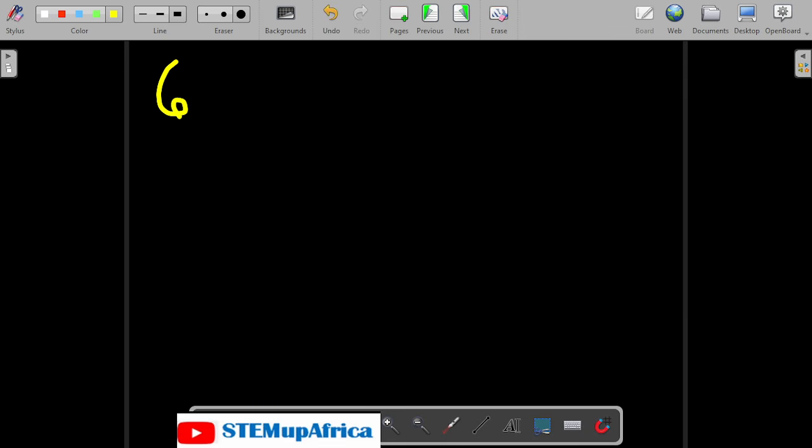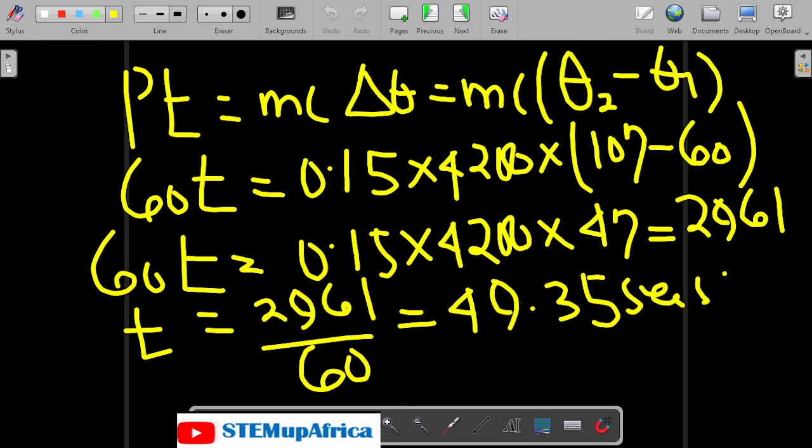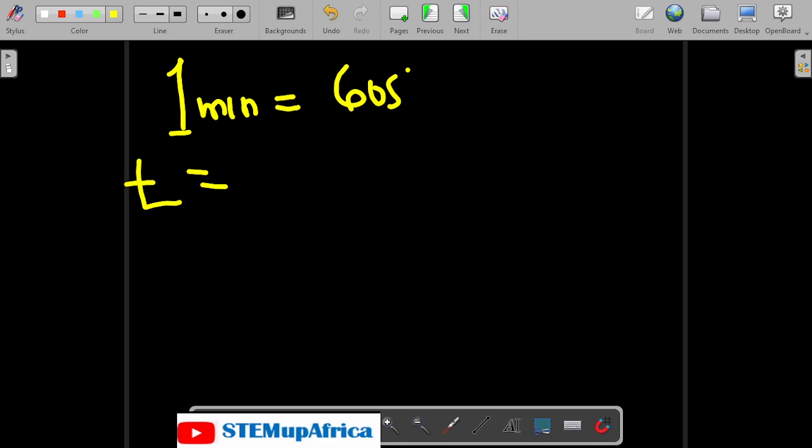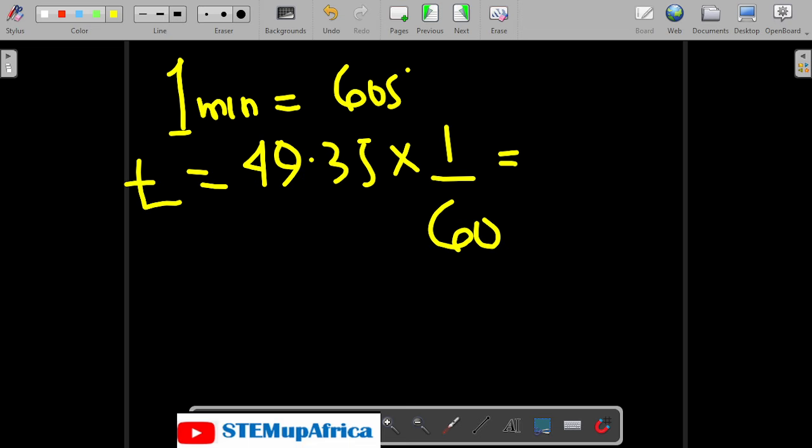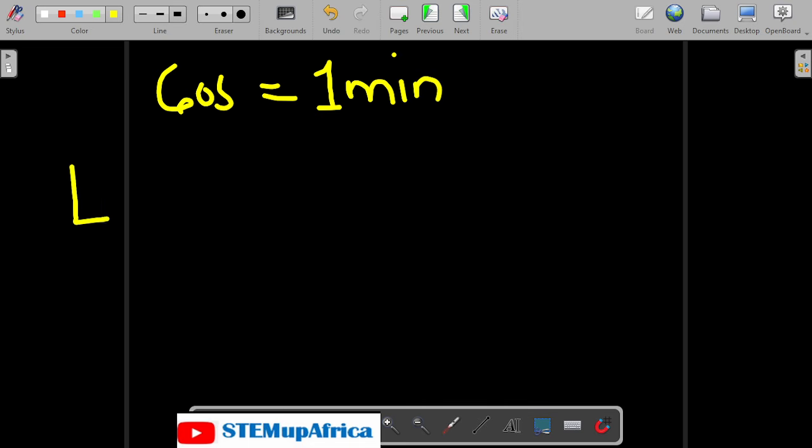We are asked to convert the time to minutes. We know that 1 minute is equal to 60 seconds. So the time now is 49.35 seconds.